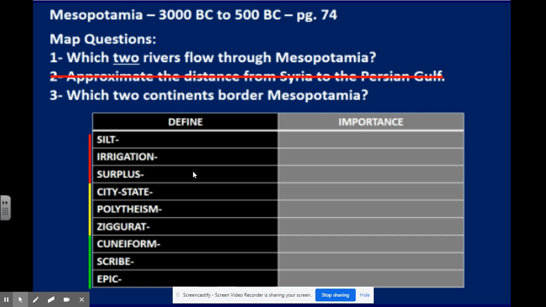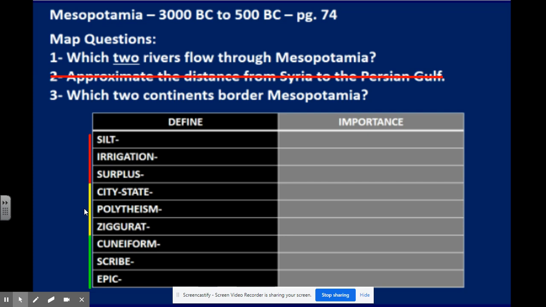Okay, city-state, polytheism, and ziggurat, these three in the middle, obviously have something to do with civilization, with living in these cities. We'll get into this, but the term city-state already gives it away because they're about the size of a city. Today we would consider it a city, but they operated as we would see a state.